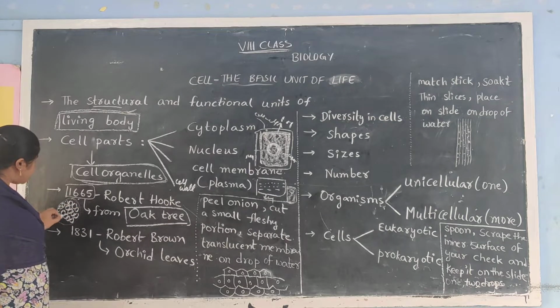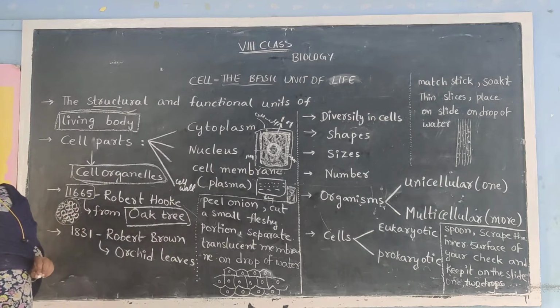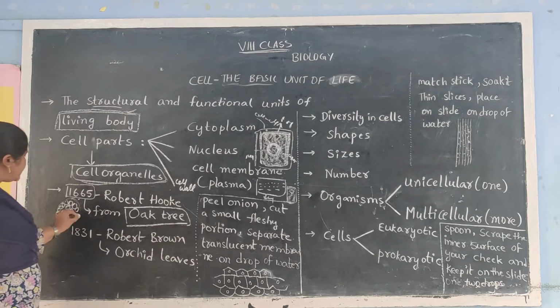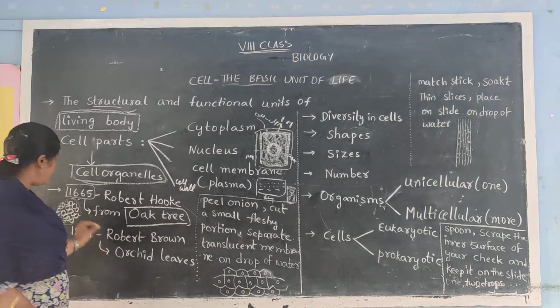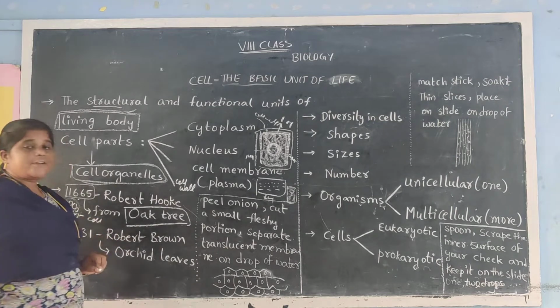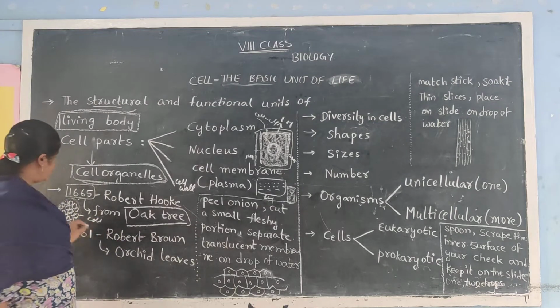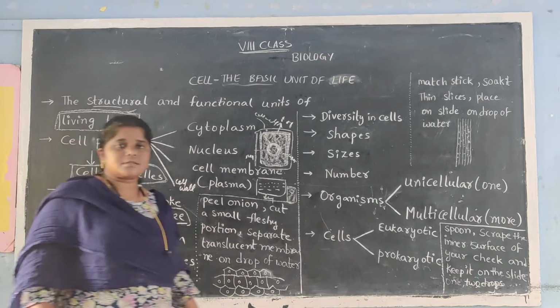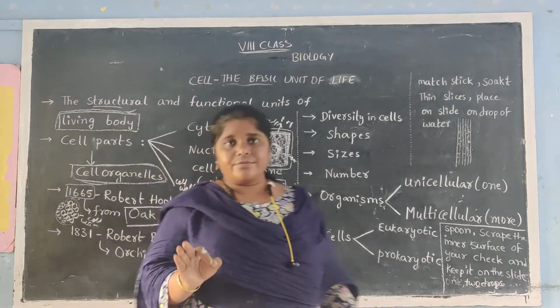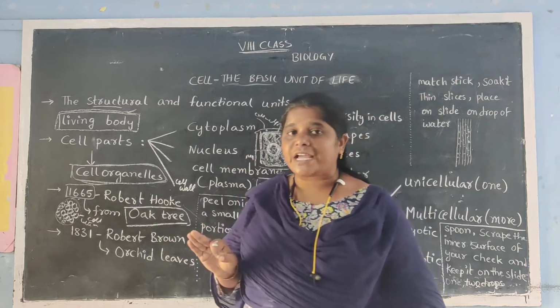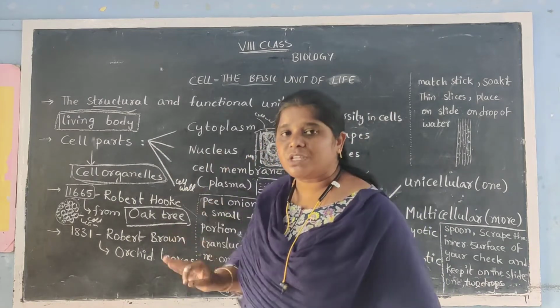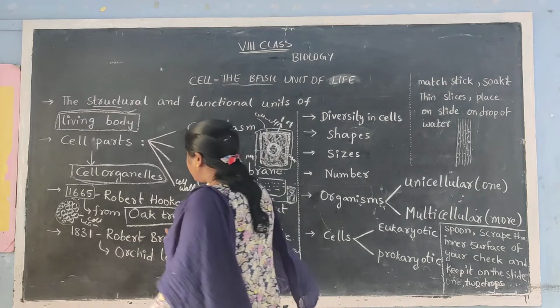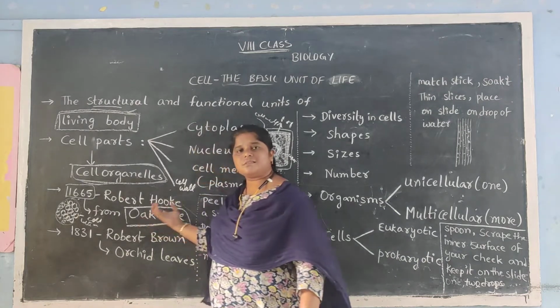So he named them as small cavities, little room, called as cell. Cell is derived from a Latin word which means little room. So this is about the discovery of the cell.